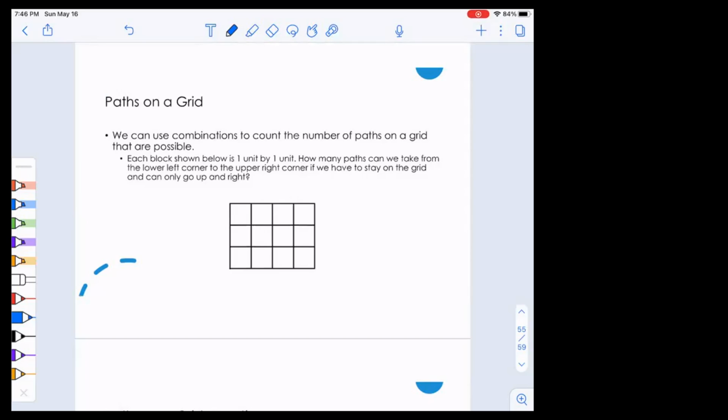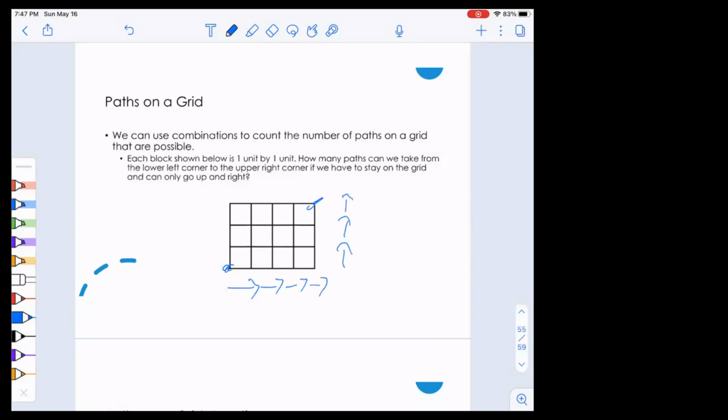So here's the thing, since we're going from this corner to the other one, we're basically choosing random paths up and right to get there. You can see there are 4 blocks right. We'll end up going 4 blocks right and 3 blocks up.